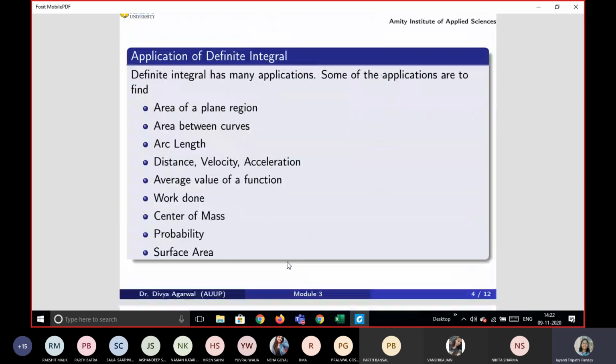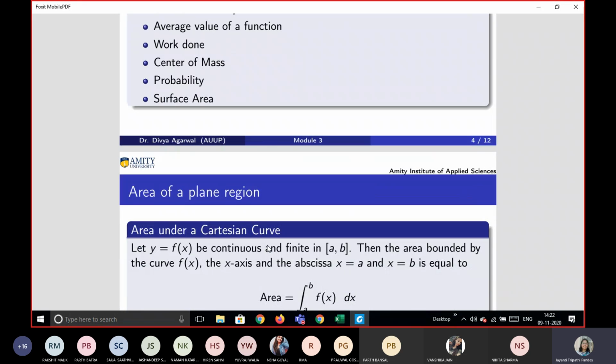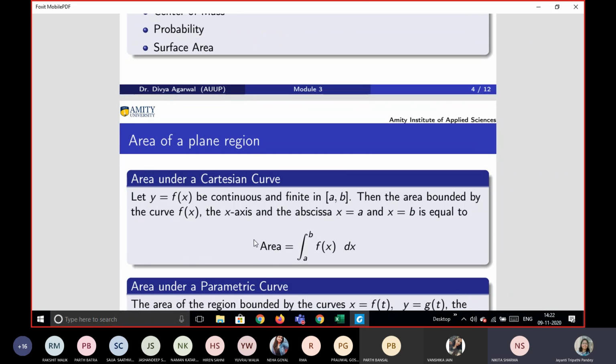Now what are the things that we use this definite integral for? Area of plane region, area between curves, arc length, distance, velocity, acceleration, average value of a function, work done, center of mass, probability, and surface area. Okay. These are small formulas. I want you to note it.